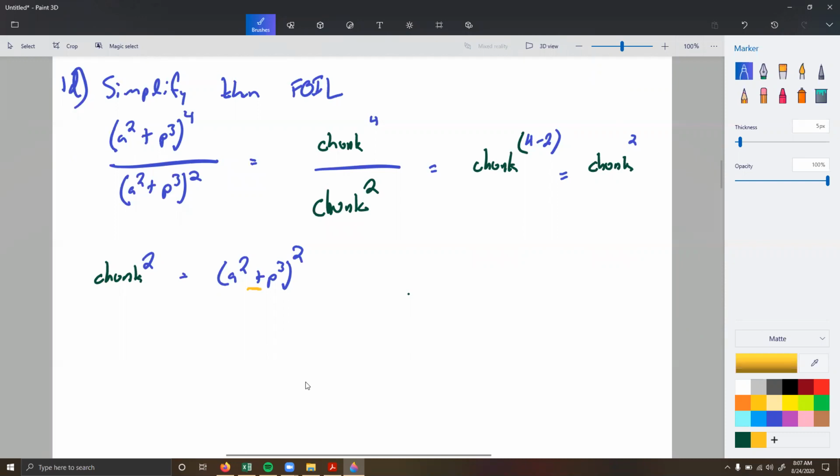I talked about that last week. I'm just reminding you right now. The idea here is you want to FOIL this thing, or do some facsimile of that, whenever you have terms that are separated by addition or subtraction and you're raising it all to a power. So this is just going to end up being a squared plus p cubed times a squared plus p cubed.